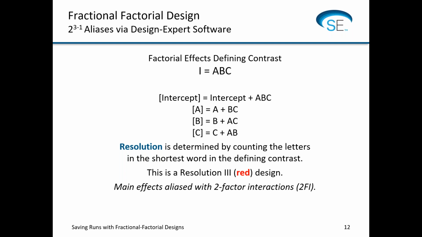The next most common effects are probably two-factor interactions. So running a design that confuses or aliases the main effects with the two-factor interactions is a pretty scary type of design. You are not going to get good information out of this.